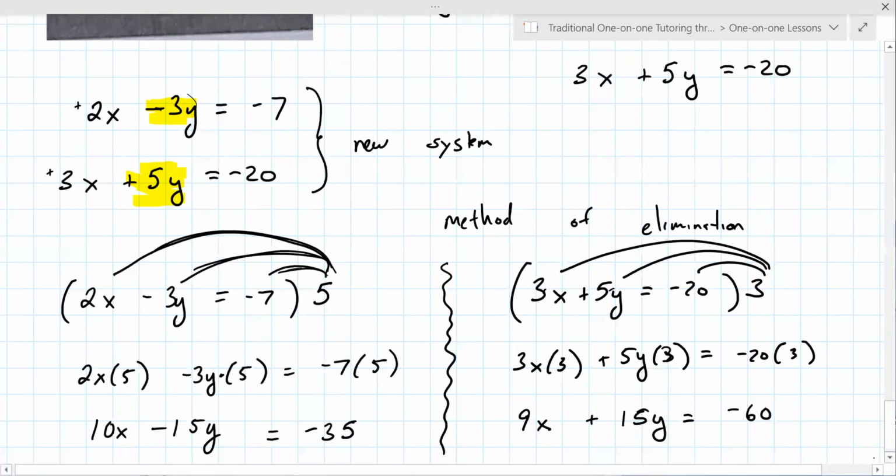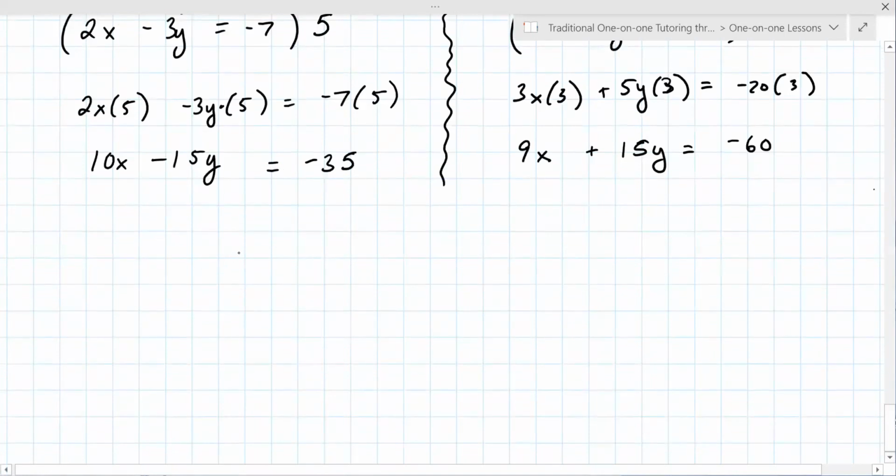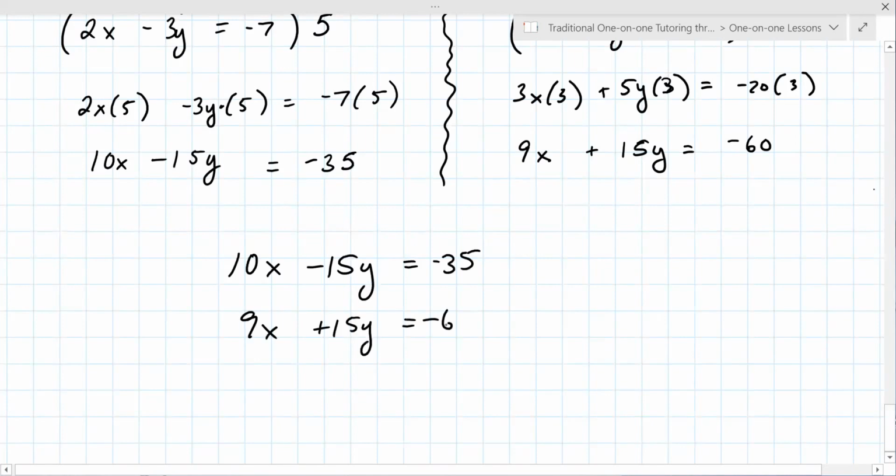So we actually now have the two equations that we can use to solve the system. I'm grabbing the one from the left, and I'm grabbing the one from the right. Again, it's important for you to copy this down as we go. That way, if you have questions, you can ask me as we're doing it.